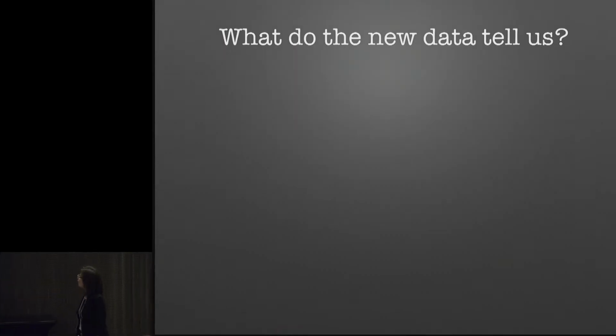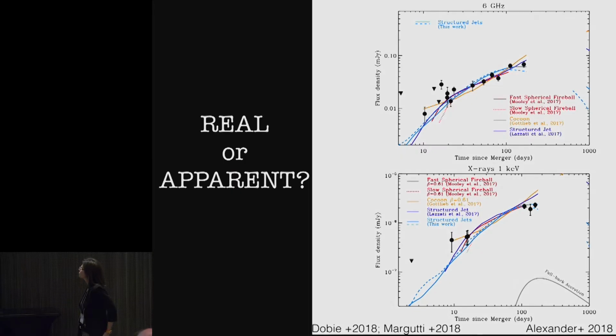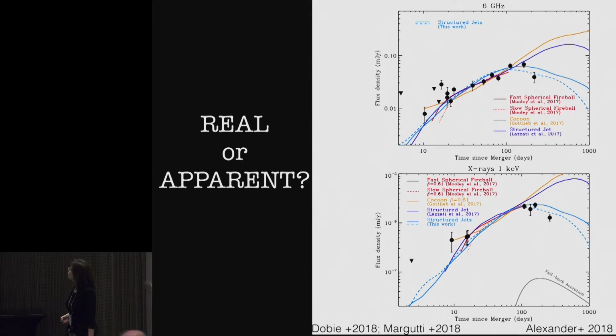OK, so what did the data tell us one day ago? Here's a compilation of a radio light curve and an X-ray light curve, and you can see that until peak time, the models don't really predict a different evolution. But here is what happens at later times. Some of the cocoon models do predict to keep rising.